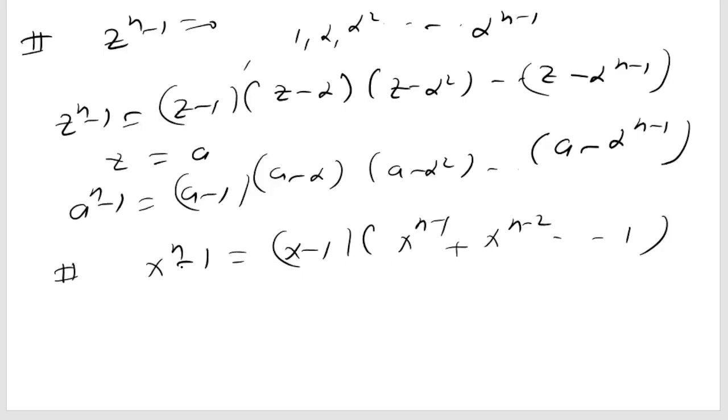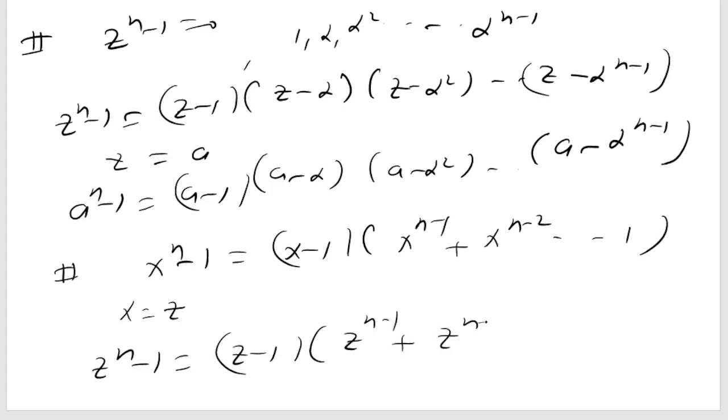Assuming x is equal to z, z to the power n minus 1 will be (z minus 1)(z to the power n minus 1 plus z to the power n minus 2, up to z square plus z plus 1). Now z to the power n minus 1 is this one, and the corresponding root form is also (z minus 1)(z minus alpha) up to (z minus alpha to the power n minus 1).